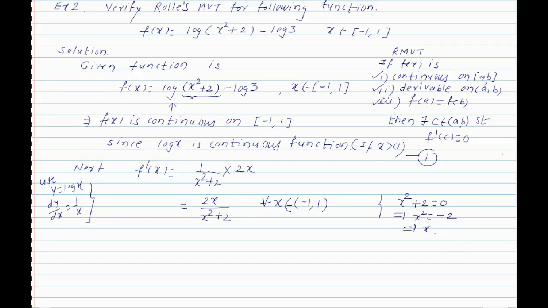So x is an imaginary number, or it is a complex number. It is not a real number. So that means this number is not there in this open interval. Therefore this derivative exists on this open interval.